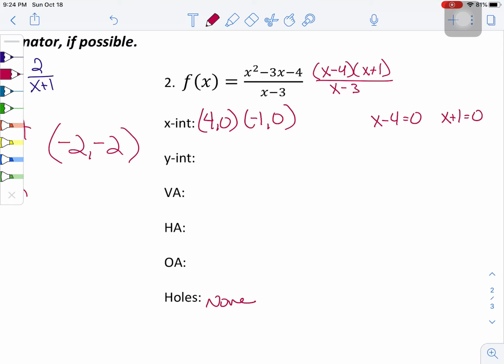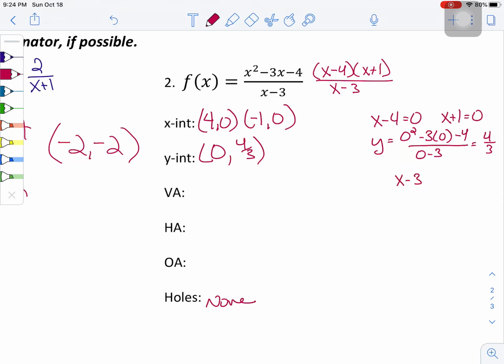There's no simplified version, so take the function, set x equal to 0, and solve for y. So 0 squared minus 3 times 0 minus 4 all over 0 minus 3. So this is going to turn into negative 4 over negative 3, which would just be 4 over 3. So 0, 4/3.